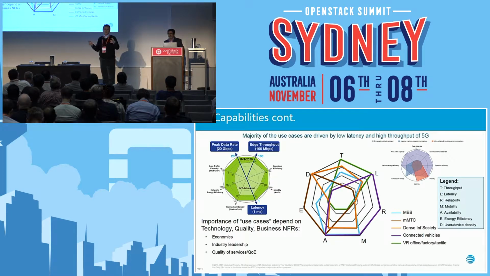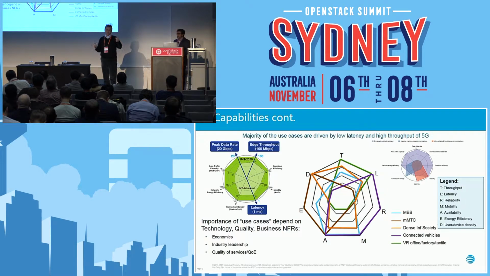The network architecture in our mind has four components. One is the functional architectural view: what functions do you have at the RAN and the core? The next one is the deployment view. Since we are saying everything is flexible, where do we put what function at what location?